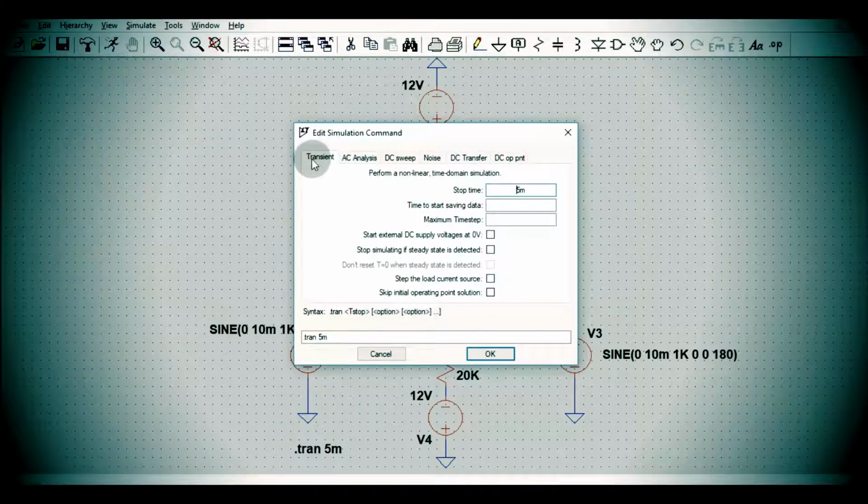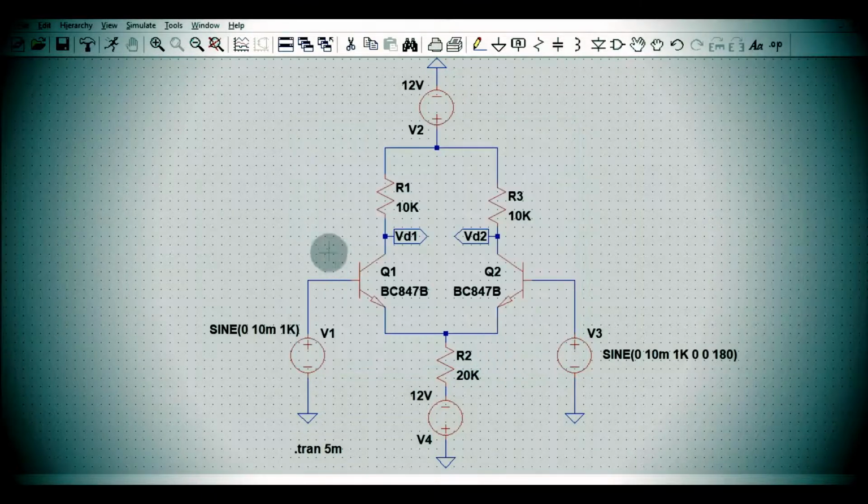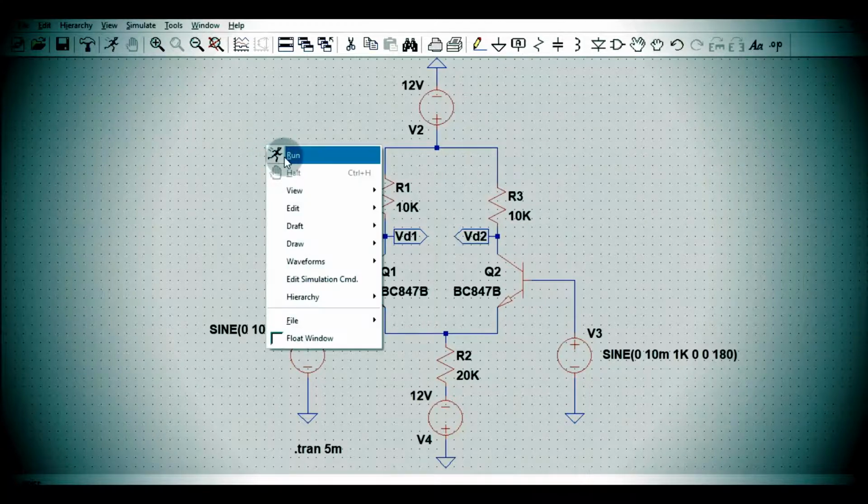You have to go to Transient, and for this circuit I used a stop time of 5 millisecond, so you write 5 millisecond here, then click OK. Now to run your simulation, right click at this window and press the run button.